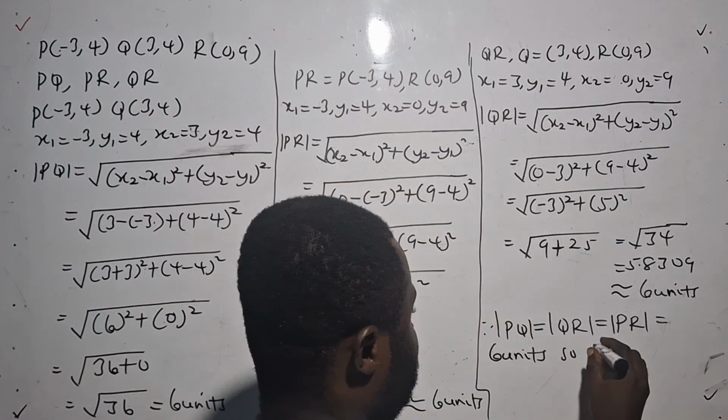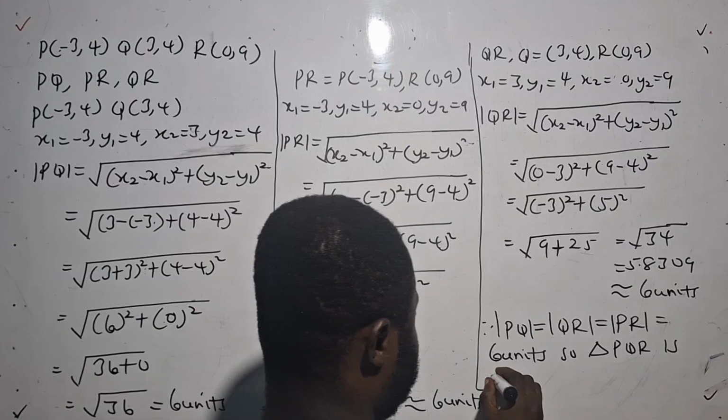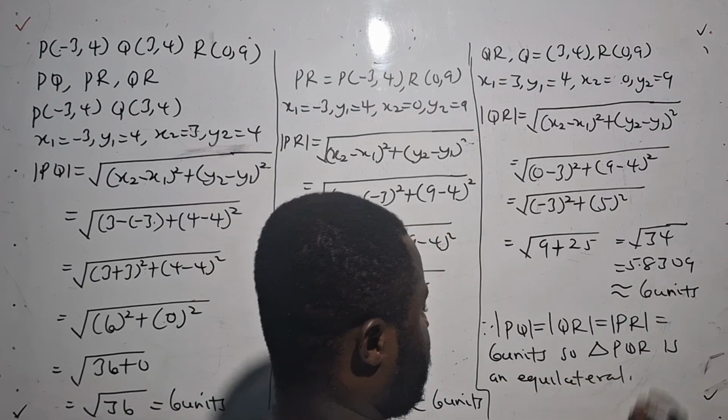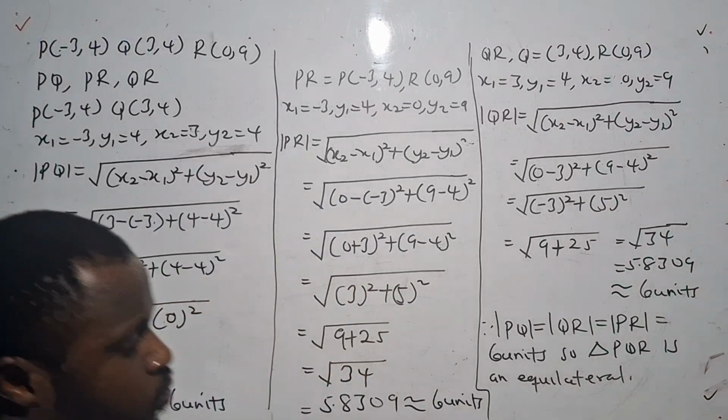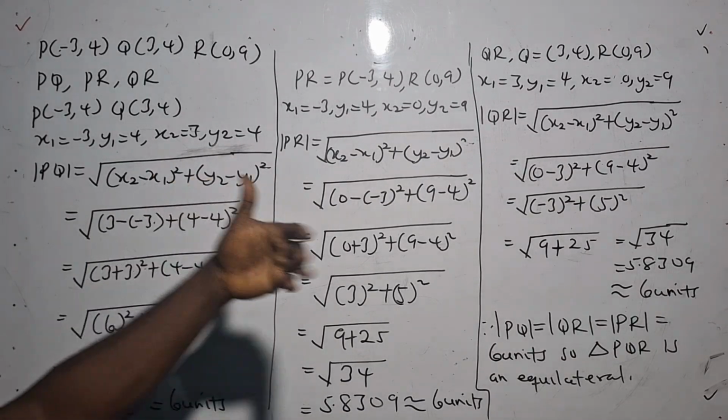So triangle PQR is an equilateral triangle. So this is how we prove, or determine, the type of triangle using the distance formula. So you take your time closely, then you solve it step by step.